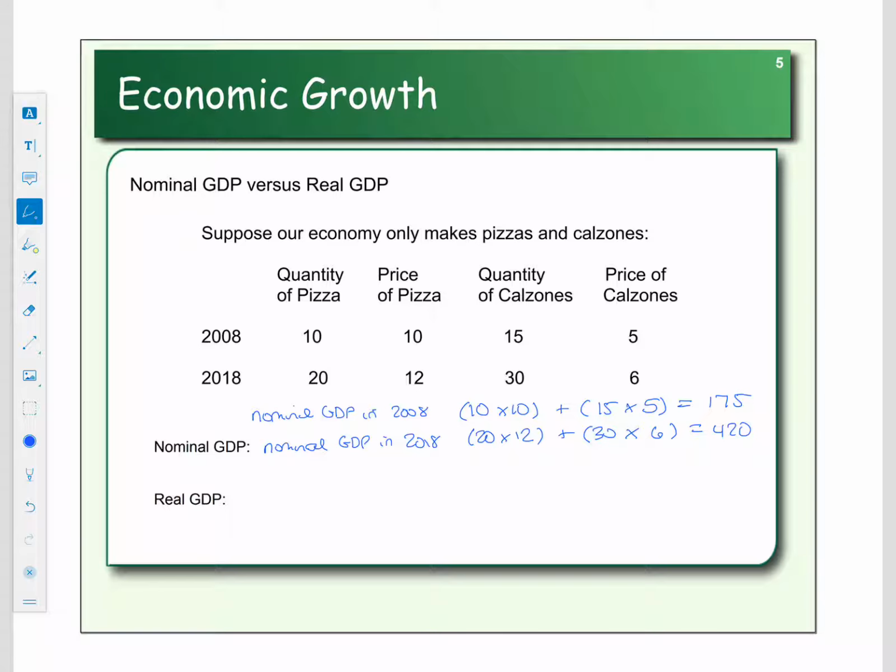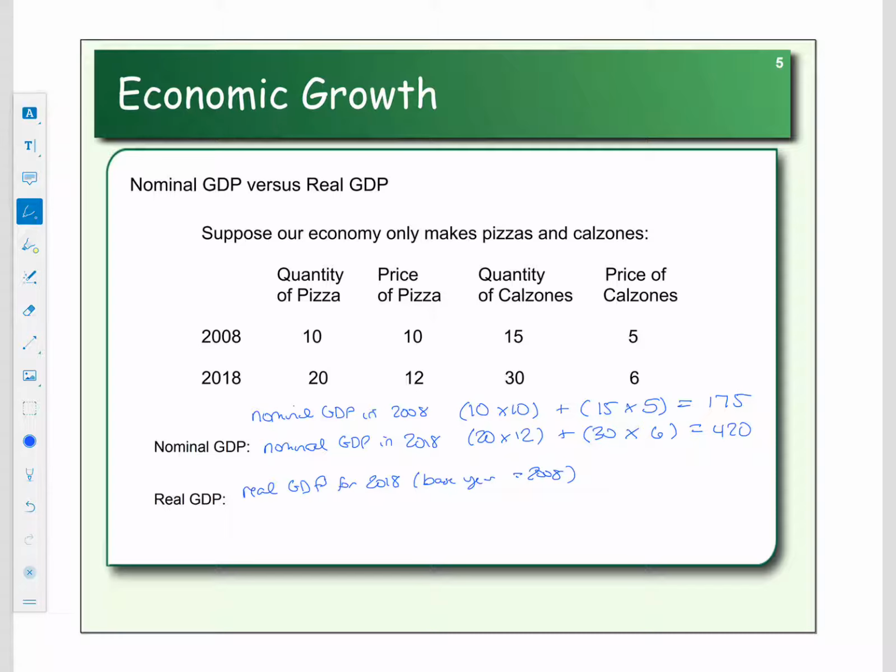So if we find real GDP for 2018, we need to choose the base year. And if the base year is 2008, then we're going to use 2008 prices and 2018 quantities.